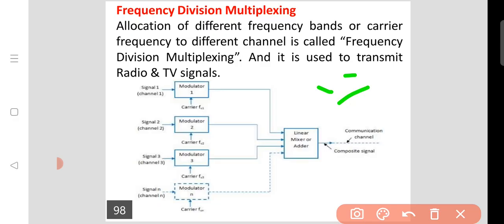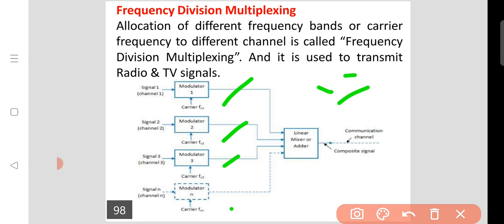Now, what is the block diagram of frequency division multiplexing, simply FDM? The block diagram shows n number of modulators: modulator 1, modulator 2, modulator 3, modulator 4, and so on.